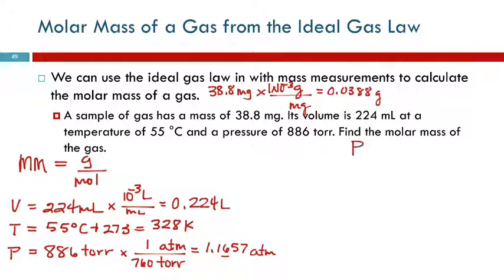PV equals nRT. And if I rearrange that to solve for n, I get n equals PV over RT.